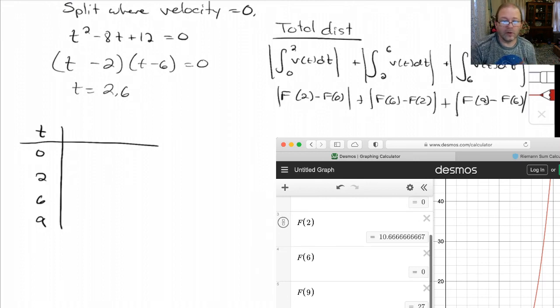Let's see, what are those? F of 0 is 0. Big F of 2 is 10 2/3.